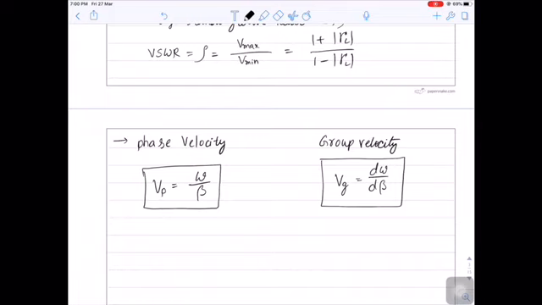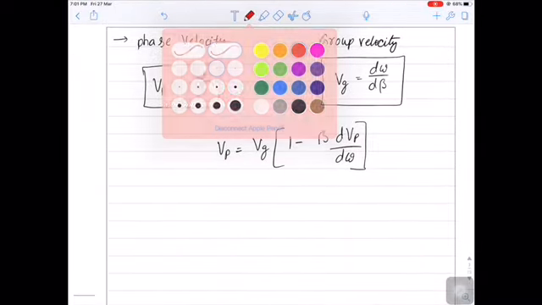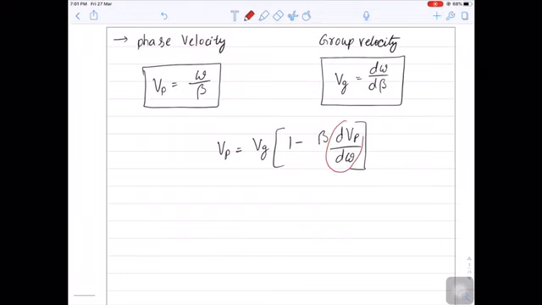And we even derived the relation between these two, which is the phase velocity in a transmission line is equal to group velocity into 1 minus beta times of dVp by d omega. Let us say if the velocity of wave which is propagating is independent of frequency, then this part dVp by d omega value will go to 0.